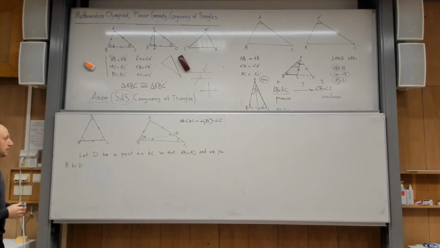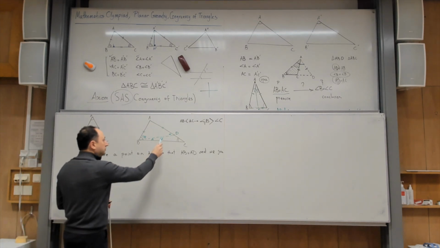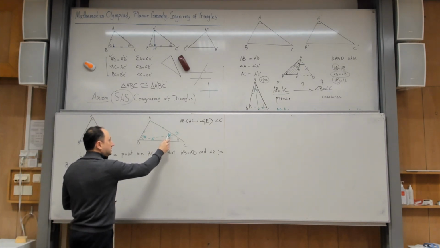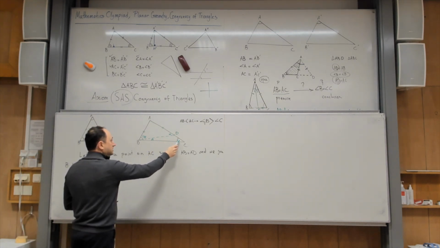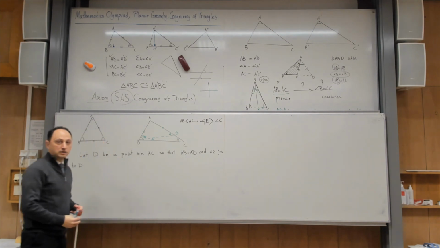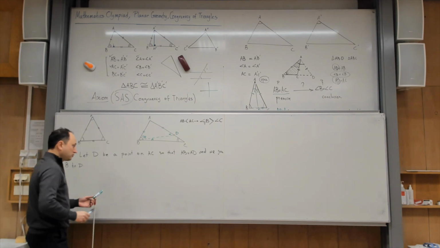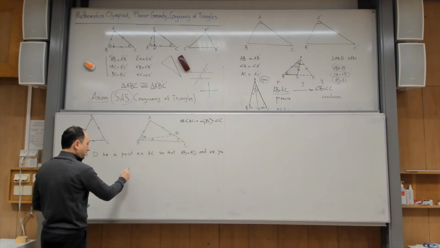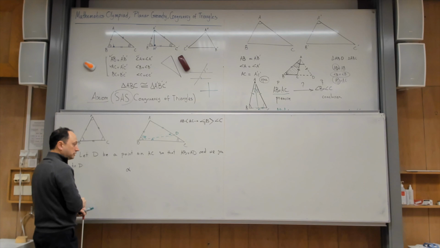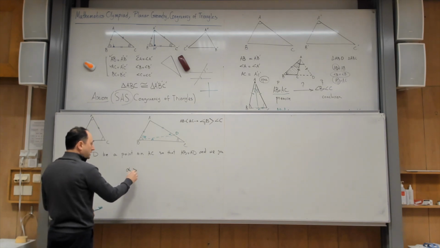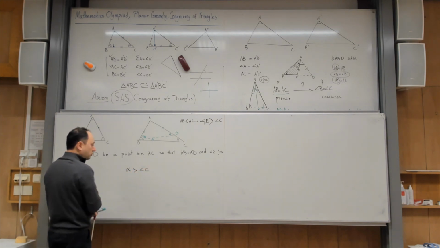But now, what is the relation between alpha and C? Which one is greater than the other one? Alpha is greater than C. Why? I just want to write it orally, but I'm explaining everything. In the written exam, you have to explain everything in words. So alpha is greater than angle C. Why?